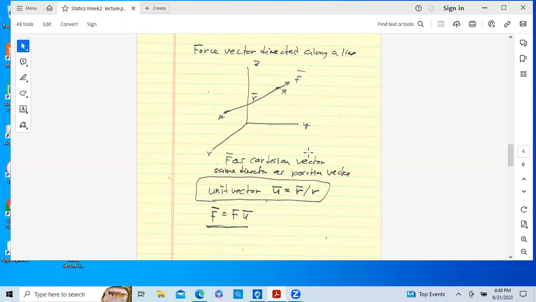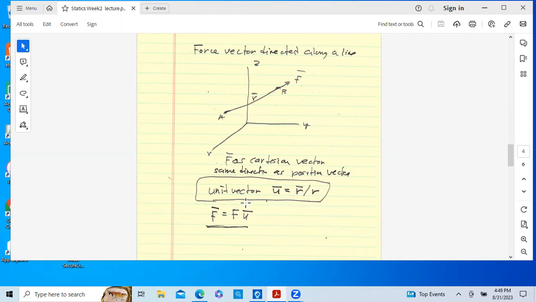So as a Cartesian vector, this is going to have the same direction as a position vector, which means that this unit vector along force vector can be written as a position vector divided by the magnitude of the position vector.